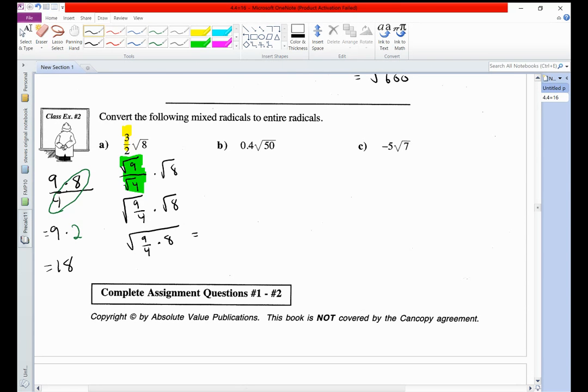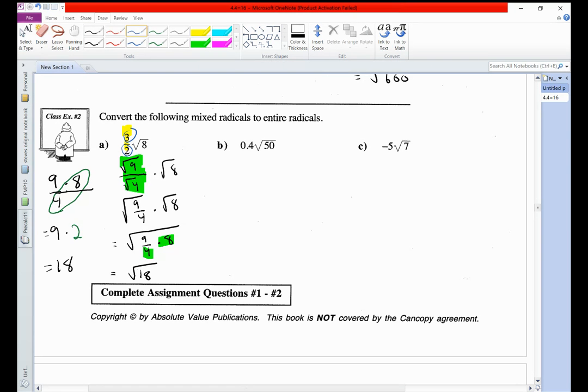So it seems like a bit more of a process, but as soon as you get used to doing that, you can see, 8 over 4, that's just going to be 2. 9 times 2 is 18, so that is equal to the square root of 18. Maybe I should put that underneath so it's not in the way. Square root of 18. So that's how you deal with fractions, right? You can just do the top and the bottom and then combine everything.